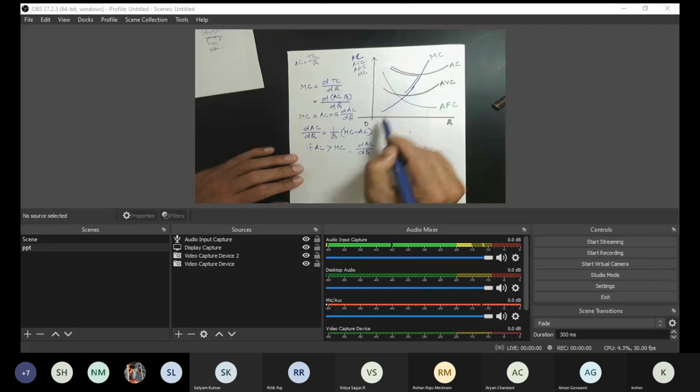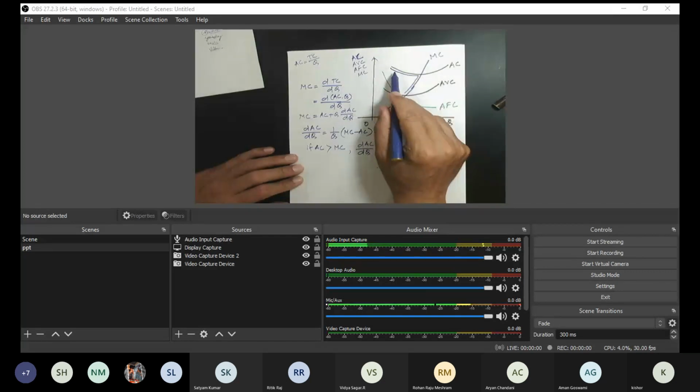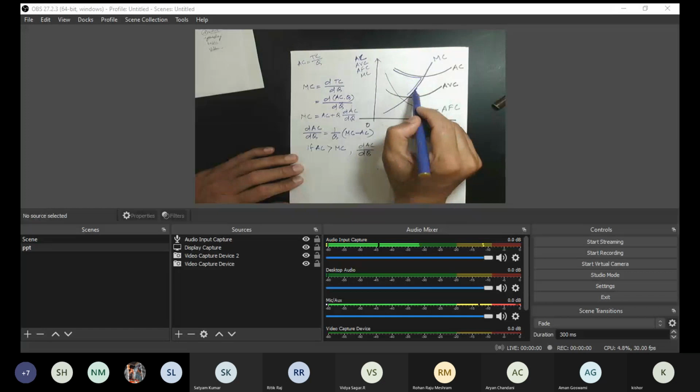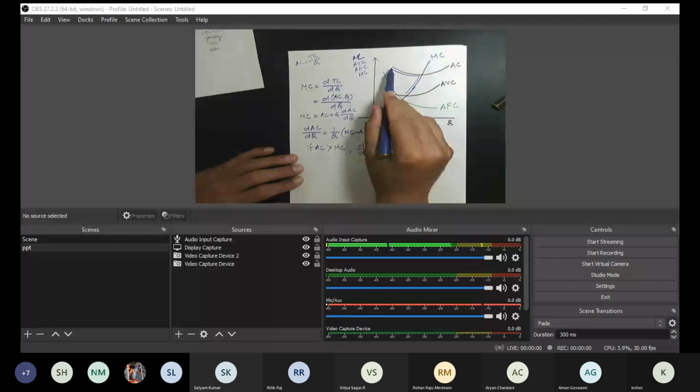For the corresponding value of Q, up to this point, AC is higher than MC. Up to this point, the slope is negative.